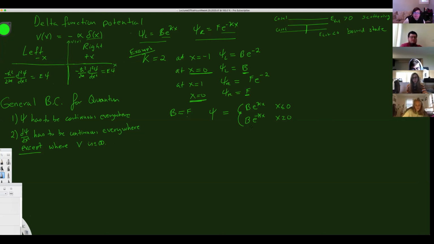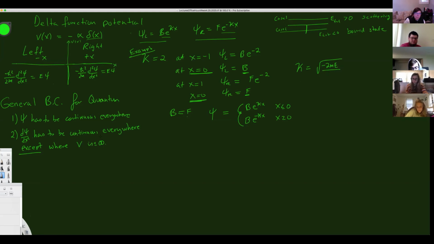Let me point out something. So we know what kappa is, but not really, right? So remember what kappa was. Kappa was the square root of minus 2mE over h bar squared.